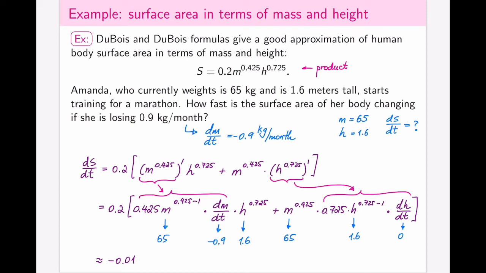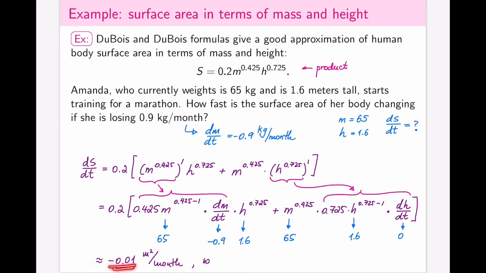I'm going to write them down, but I encourage you to work it out and think about how the actual components add up to the units that we're after. It's going to be meters squared, and the units of time here are, of course, months, because that is what we've introduced throughout. So my conclusion is that Amanda's surface area of her body is changing at this value.